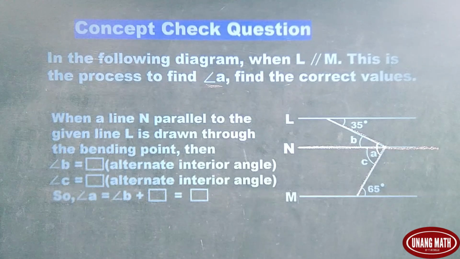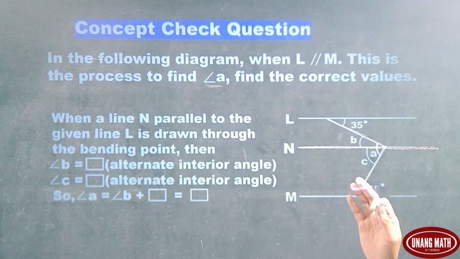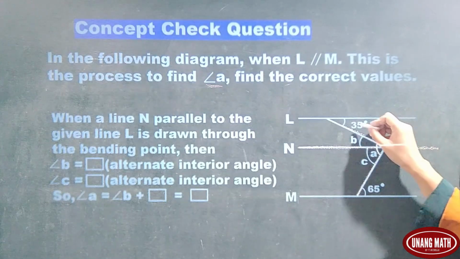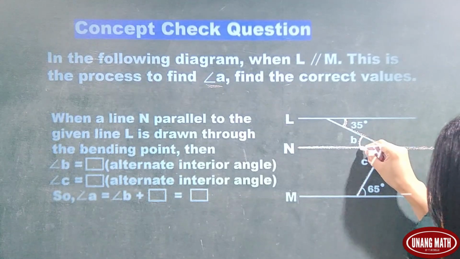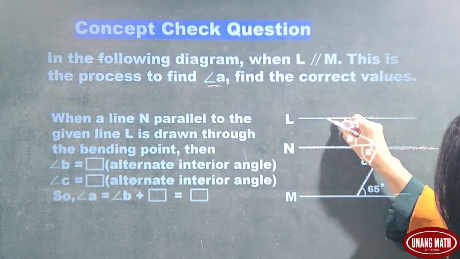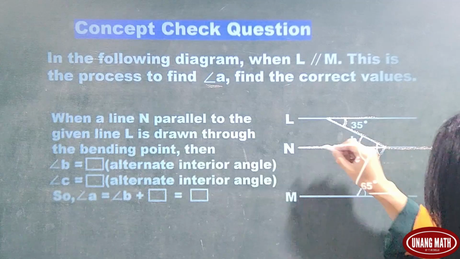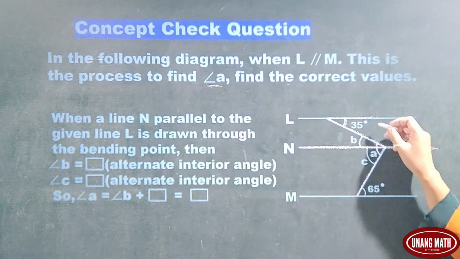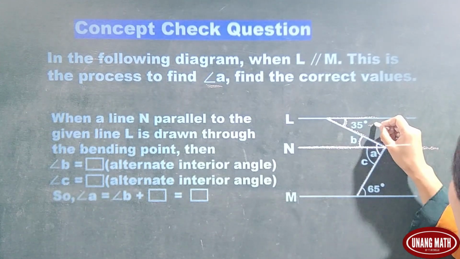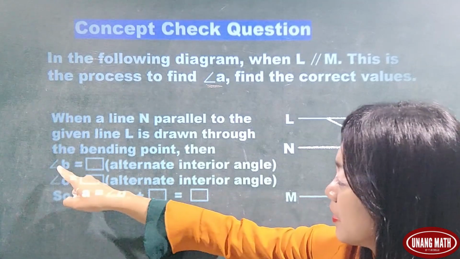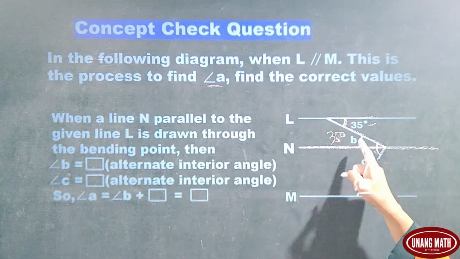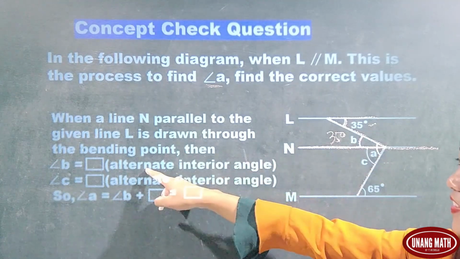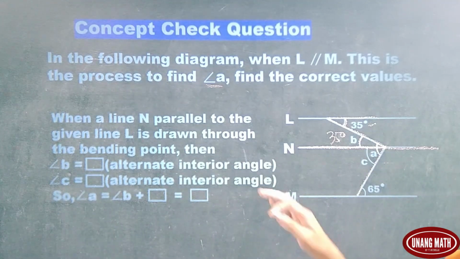Okay, now we apply the property of parallel lines. This angle and this angle are alternate interior angles. If this is 35 degrees, then angle B is also 35 degrees. It's because it's an alternate interior angle.